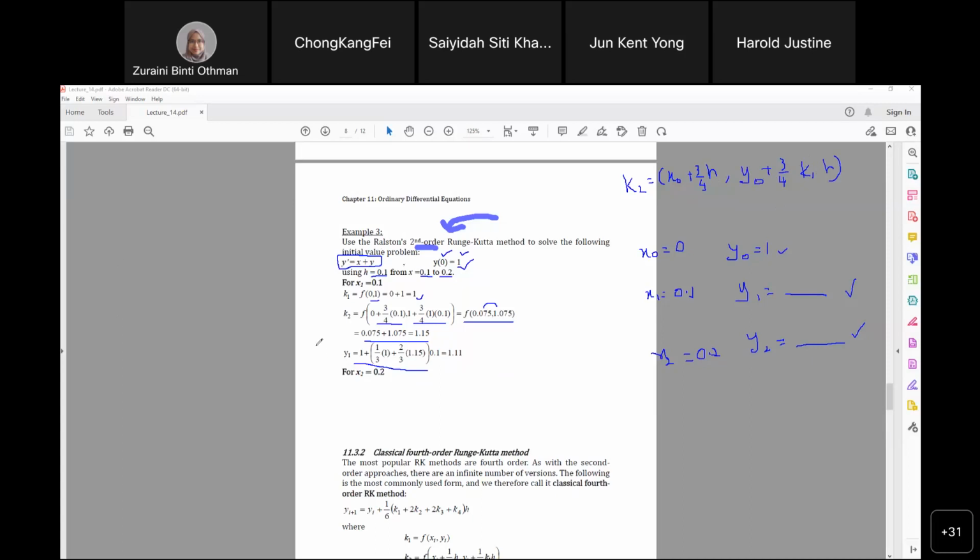Okay, coincidentally K naught and K1 have the same value, right? Okay, so now by using this formula, you get these 2. Then these 2, you put into the original equation, and you get 1.15.